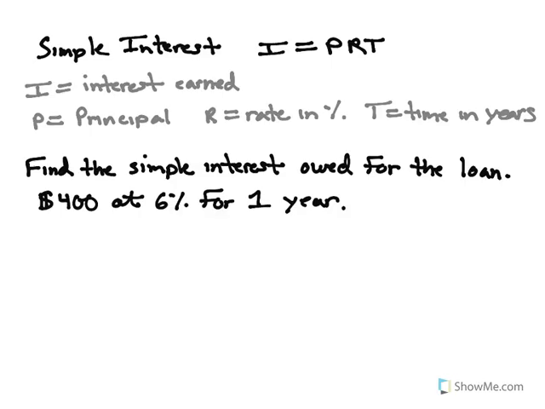So in essence, if you have a simple loan like $400 and you want to borrow that for 1 year at a 6% rate, then you would use the following formula. The formula would be I equals PRT.